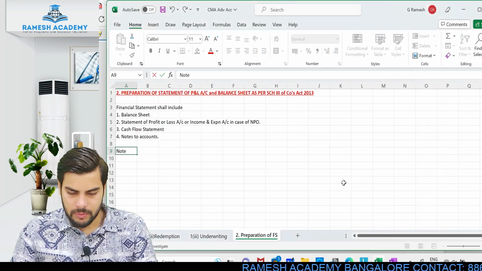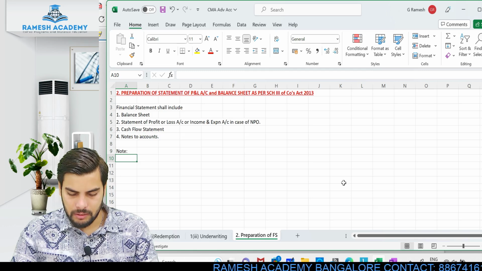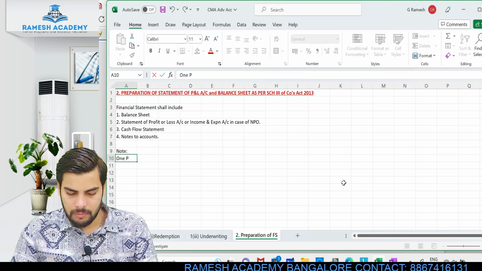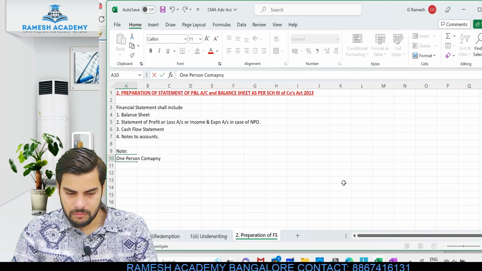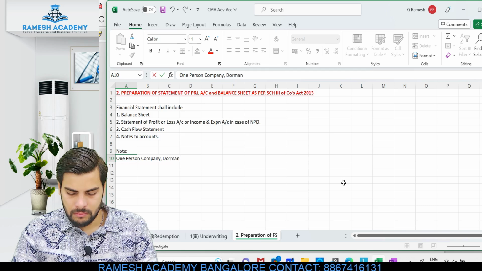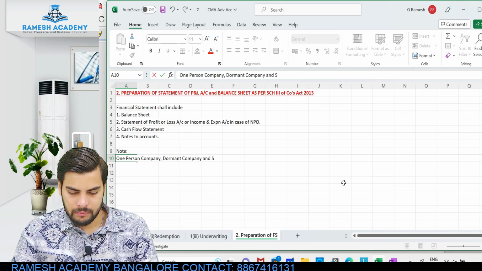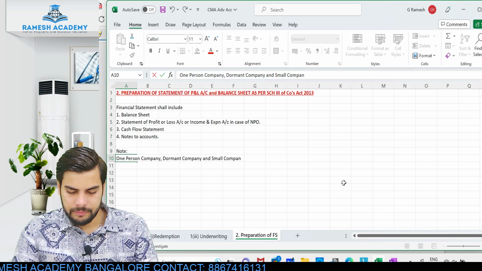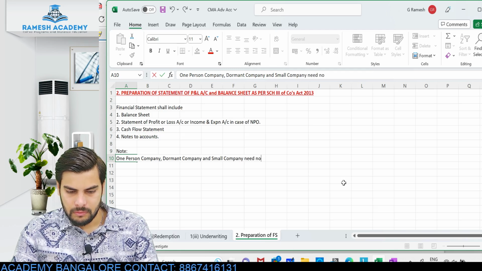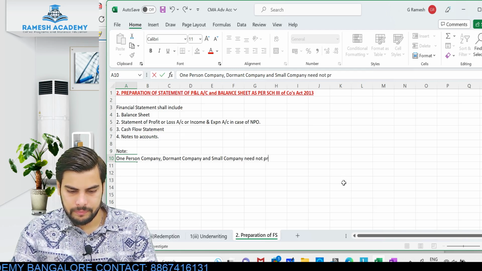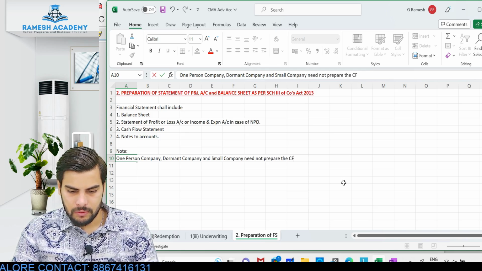I'll just write this particular point. Try to remember this. Okay. So, one person company, dormant company and small company need not prepare the cash flow statement.